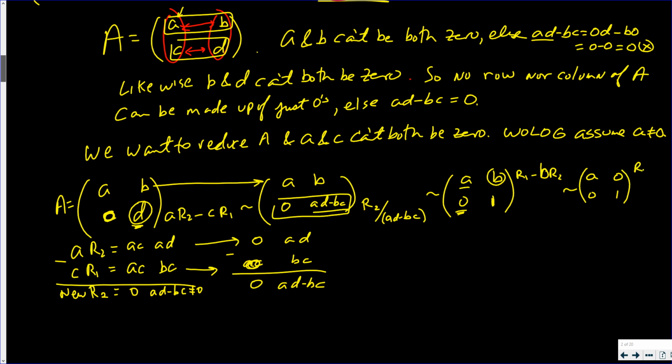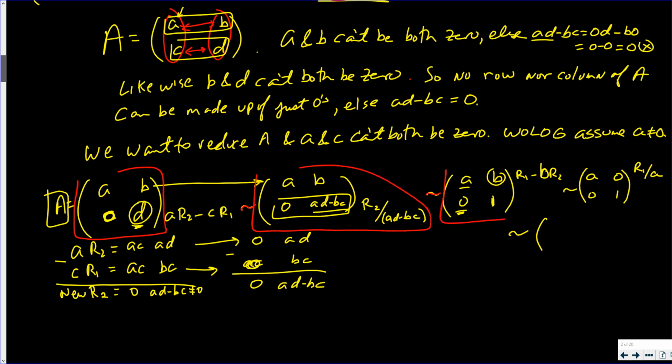A is not 0, so we can divide by A, and we get that matrix A, which equals this matrix, which is row equivalent to this matrix, which is row equivalent to that last matrix, which is 1, 0, 0, 1, which equals I2.